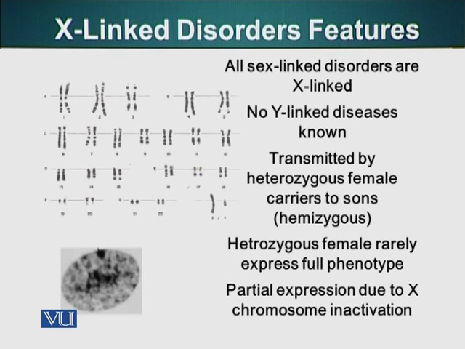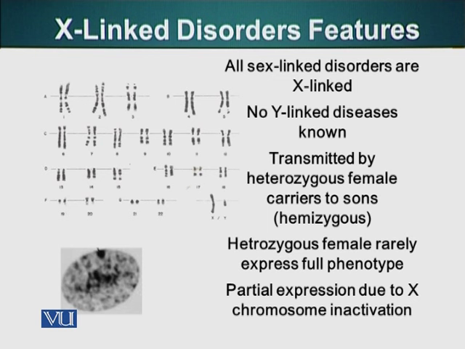We have said that recessive disorders manifest themselves if both copies of a particular gene are defective, or both copies are the same. In this case, this is an exception because, as you can see on the screen, males have one X chromosome and females have two X chromosomes. So females have twice the dose of X chromosome as compared to the males.